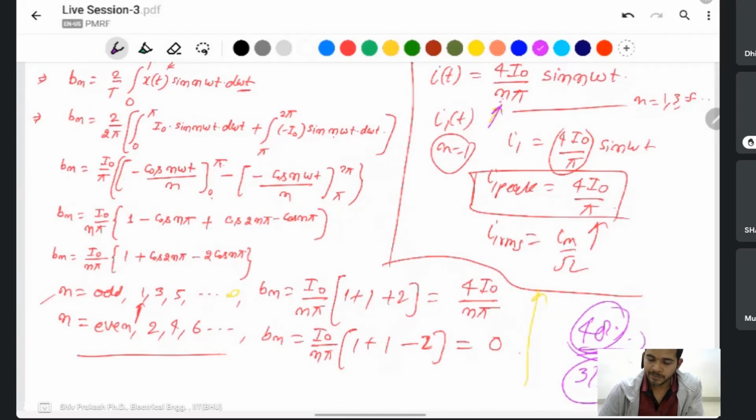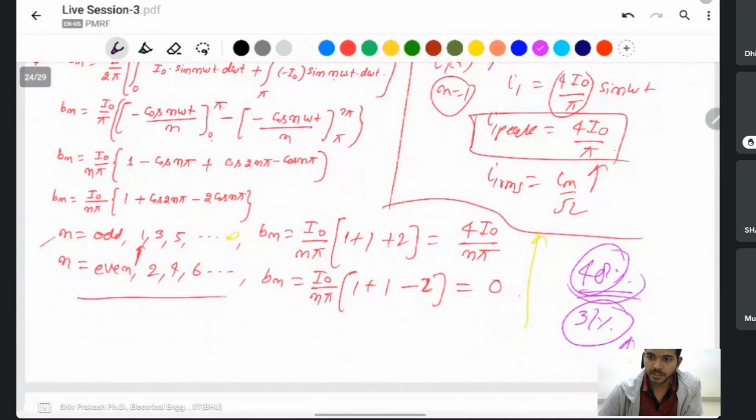If it is 31% THD, what does it mean in terms of losses? THD means losses, so you should reduce this THD. We can say if 31% is the THD, then 31% will be the loss of the fundamental. Okay, overall.